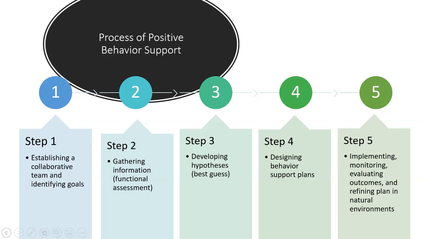What's the antecedent? What's happening before the behavior? What are some possible triggers for that behavior? Does it always happen before lunch? Does it always happen when the child is in a crowded situation? So what's a possible trigger?